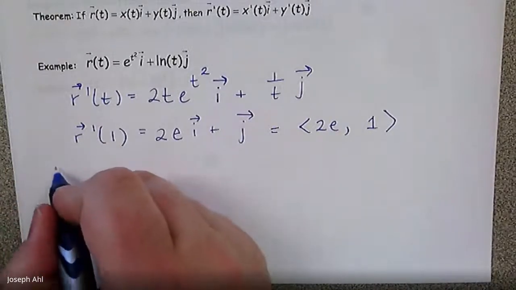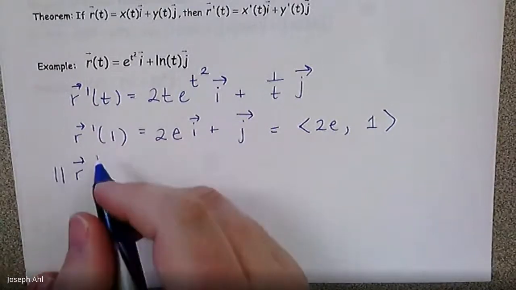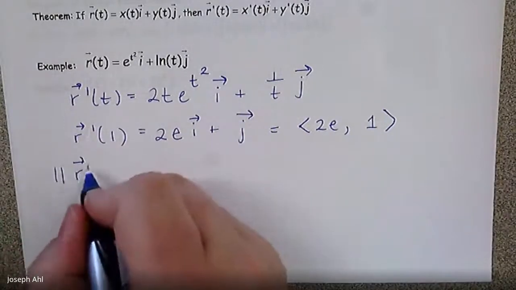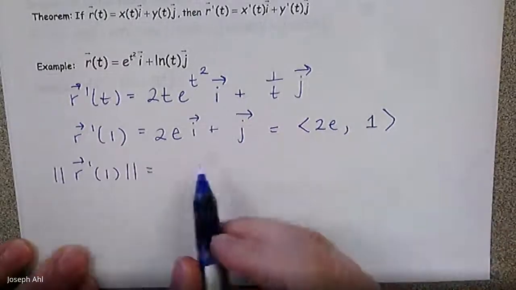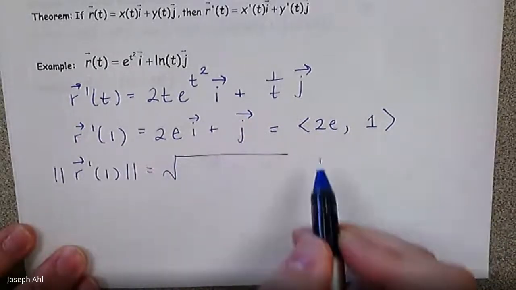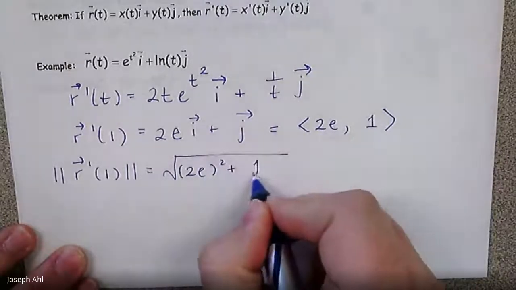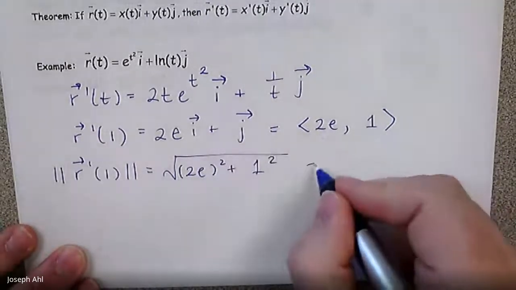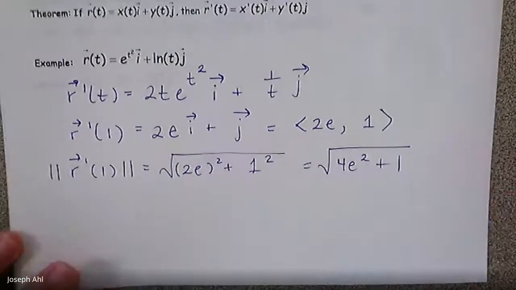And then following from there, if I wanted the magnitude of this specific vector representing the derivative at 1, we know that that would just be the square root of the horizontal component squared and the vertical component squared. So that would look like something of the following form. It would be something like the square root of 4e squared plus 1.